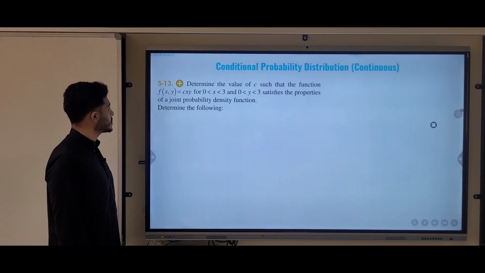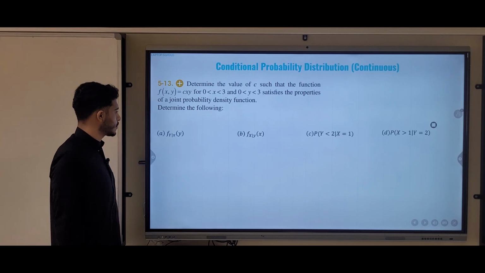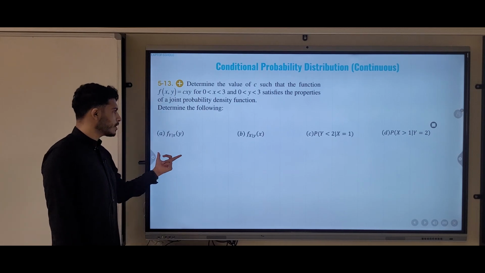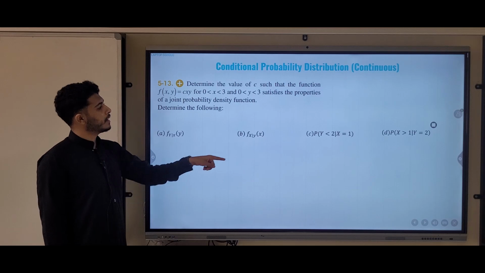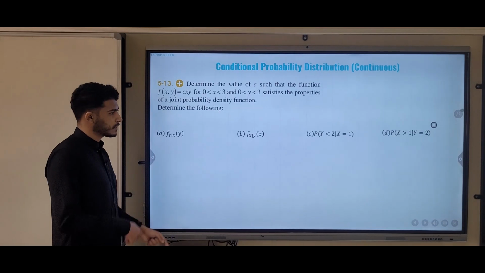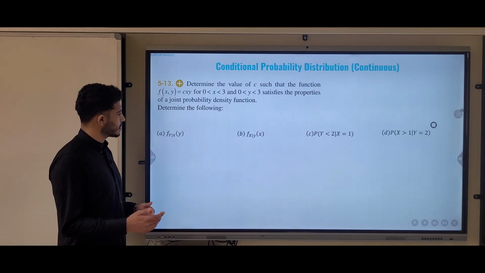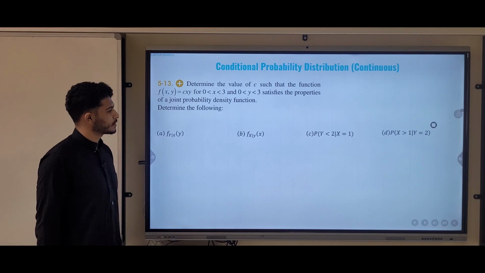Determine the value of c such that the function, same question, and here are the parts of the question. As I have mentioned, for the continuous case, we like to have general functions so we can utilize them directly in implementation here, without doing much tweaking or so many integrals and things of that sort. We just have to have a general function that will account for these cases that we are trying to find the probabilities for.